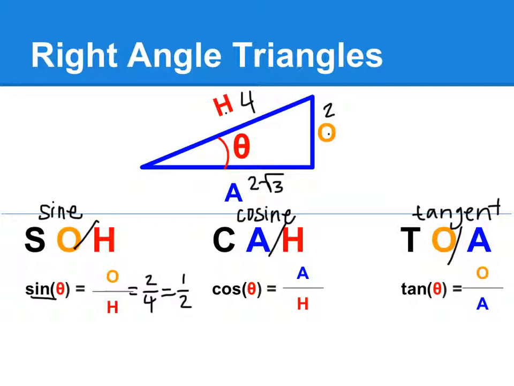Very similarly, cosine theta would be adjacent over hypotenuse, so you have 2 square root of 3 over 4, or square root of 3 over 2. Tangent theta would be opposite over adjacent, so you would get 2 over 2 square root of 3. You can simplify that and get 1 over square root of 3. We'll talk about having radicals in the bottom later.